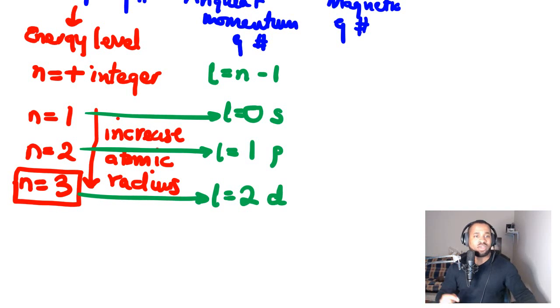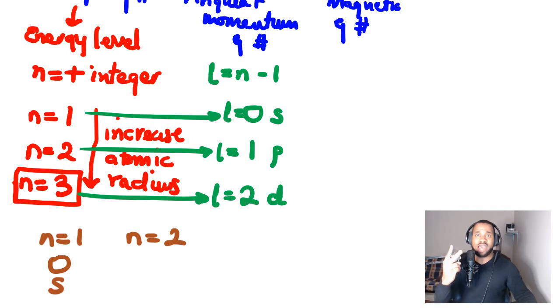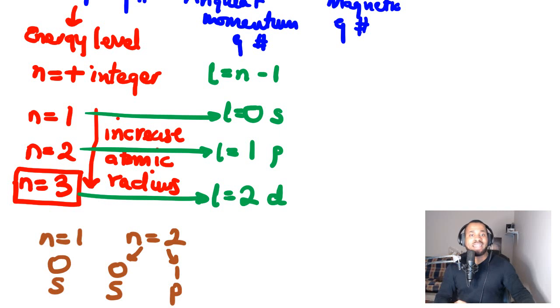So for our ground state, we only have one type of orbital, which is s. For our second energy level, n equals 2, we have 2 types of orbitals, 0 and 1, which is spherical, and we have the p orbital. And then finally, n equals 3.